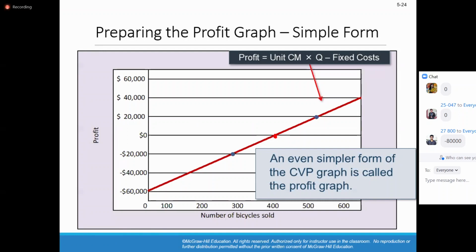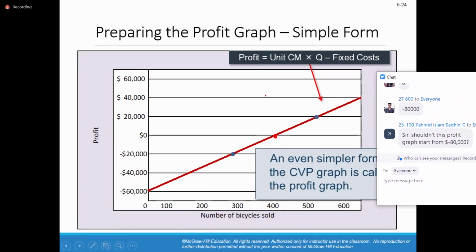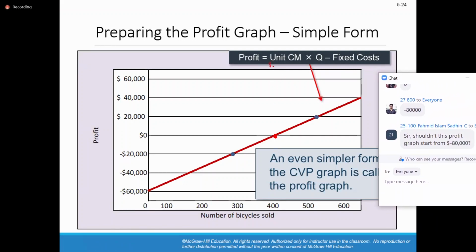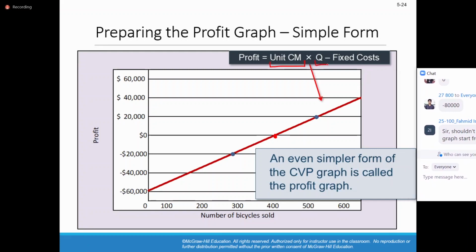So how do we get the profit? By using the total equation, or we can use the equation we have developed. We can take the unit contribution margin, which is 500 minus 300. This is the unit contribution margin, and we can multiply this by say 400 units.